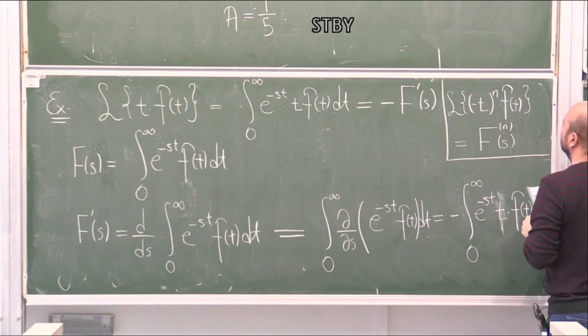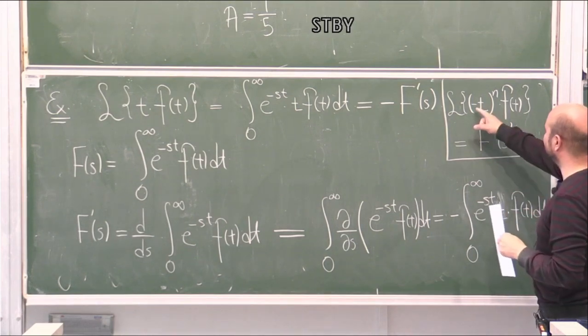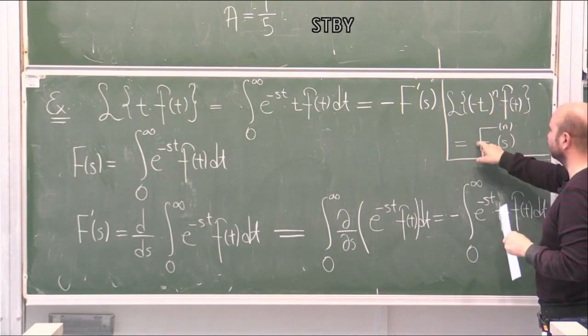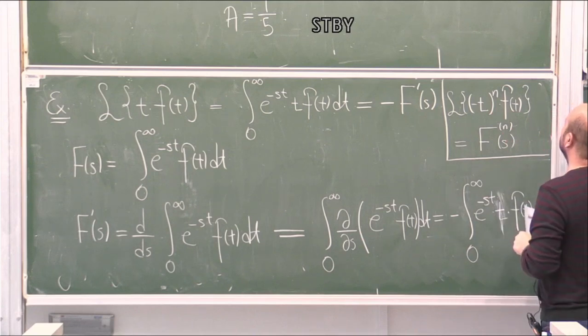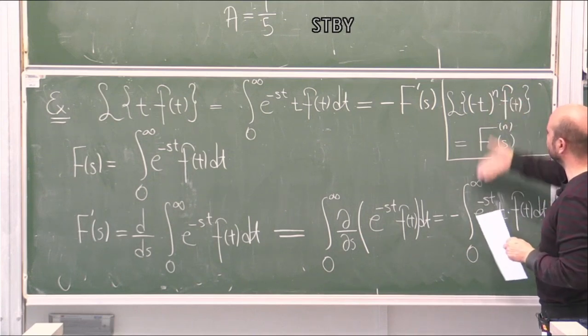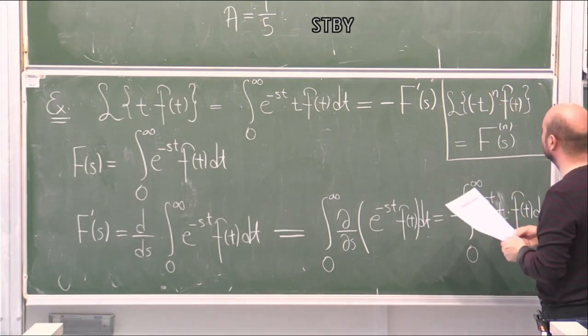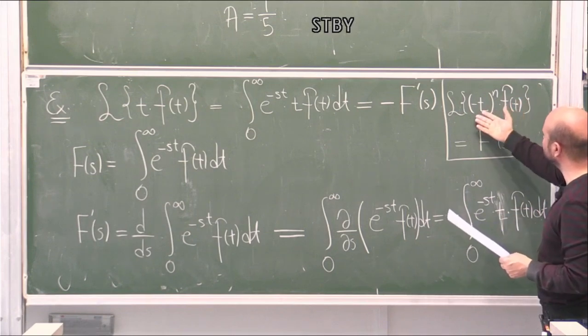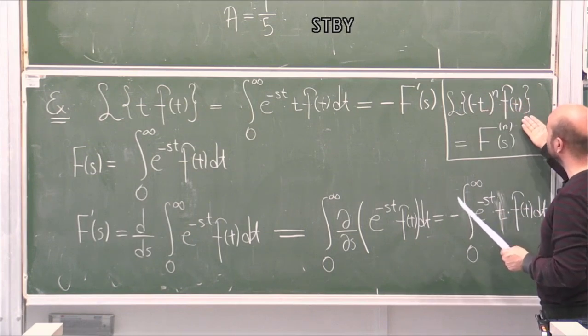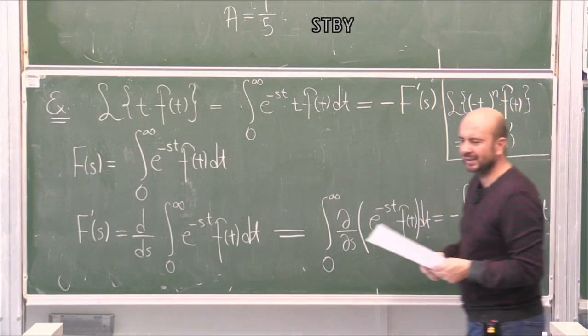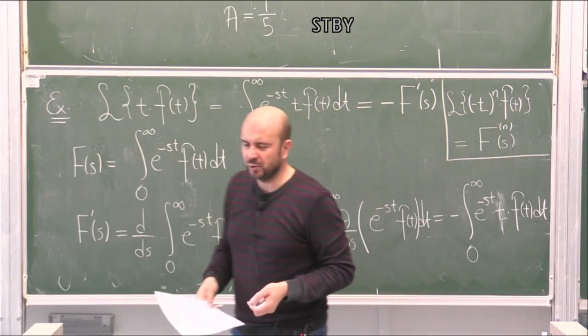Or if you want, you can put this minus 1 to the n here. It's up to you. The book wrote this way, so I'm writing it. So it means multiplication with t means derivative in the s domain.